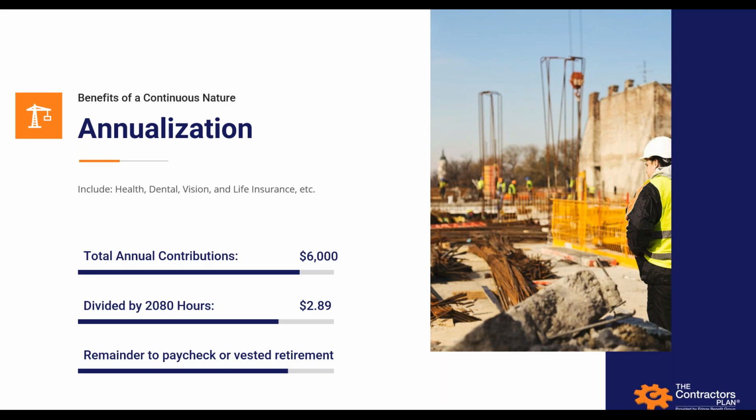So in my earlier example of a $20 fringe, it'd be $20 minus $2.89, and then the remainder of that would flow to the paycheck or vested retirement. Note that the employer must come out of pocket, essentially pay that $2.89 for every hour worked. So even if they're now on a private job, there is no fringe, $2.89 every single hour. Overtime, weekends, it's a blue moon, doesn't matter. Always $2.89 per hour.